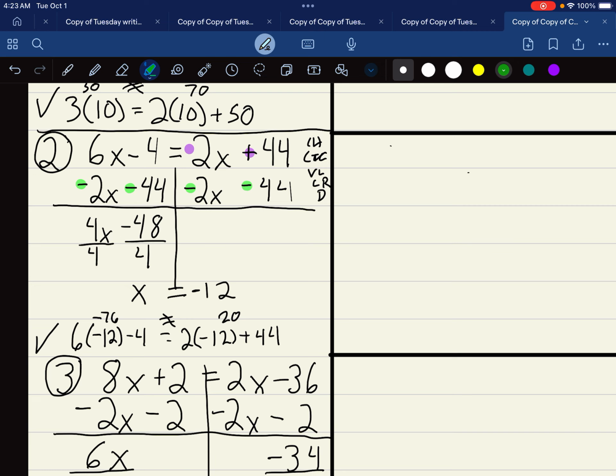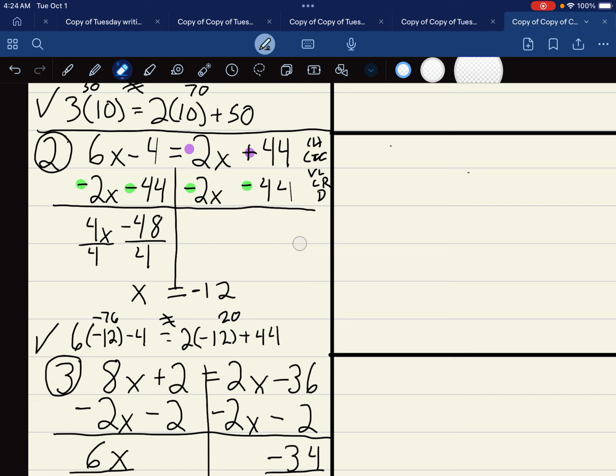So that's not a sign issue, but it's still a very common issue, as we took both the variable and the constant to the left. We've got to split the variable and constant. So this doesn't work.